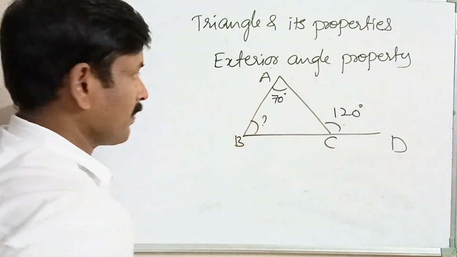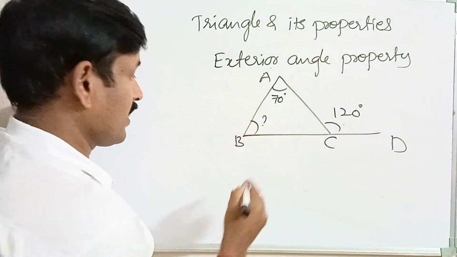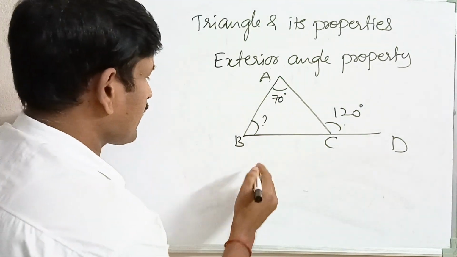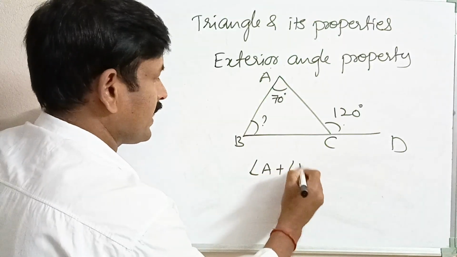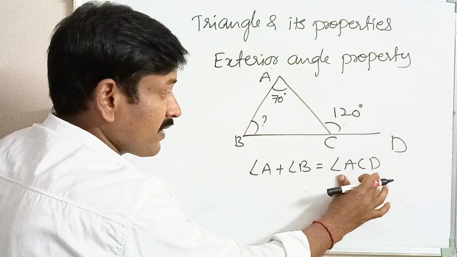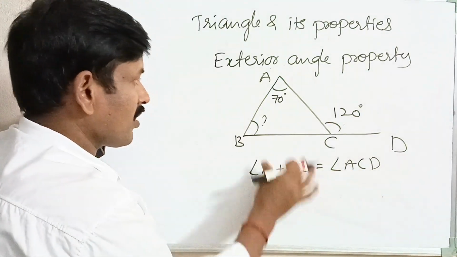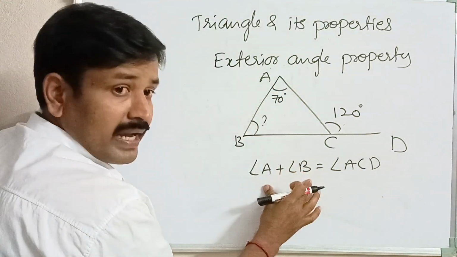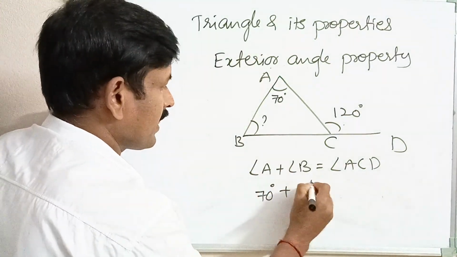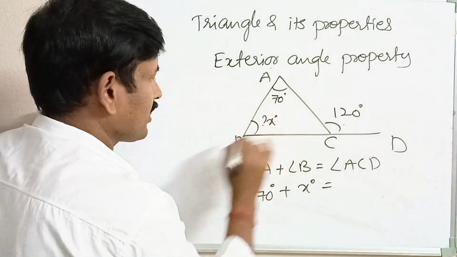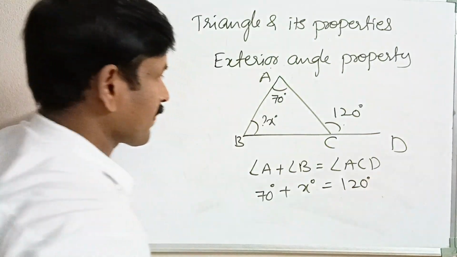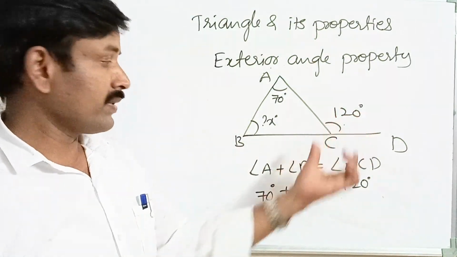Find angle B. Here angle A plus angle B is equal to angle ACD. The measure of an exterior angle is equal to the sum of its interior opposite angles, angle A plus angle B. Angle A measures 70 degrees plus x degrees. Let angle B be x degrees, which is equal to angle ACD, 120 degrees. Angle ACD measures 120 degrees.